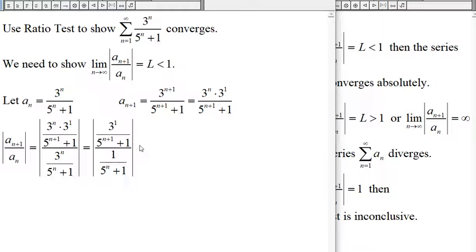And so this right here means that this is the top, and then times the reciprocal, the bottom. So dividing by 1 over 5 to the n plus 1 is the same as multiplying by the reciprocal. So it'll be 5 to the n plus 1 divided by 1.